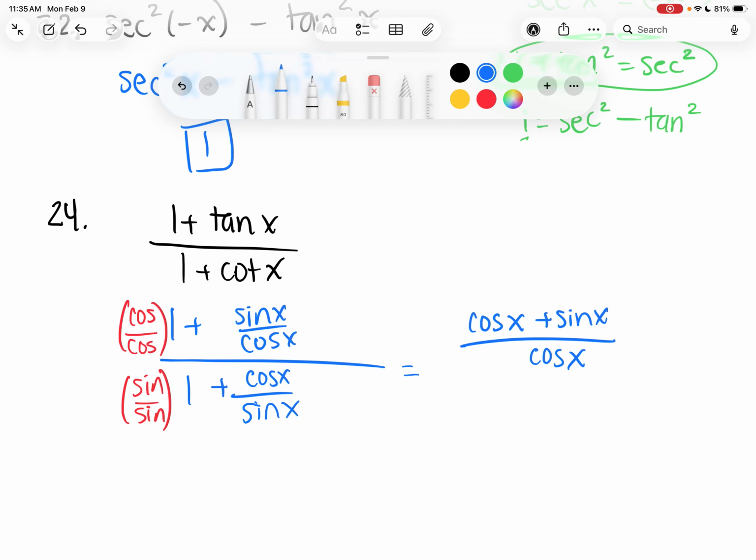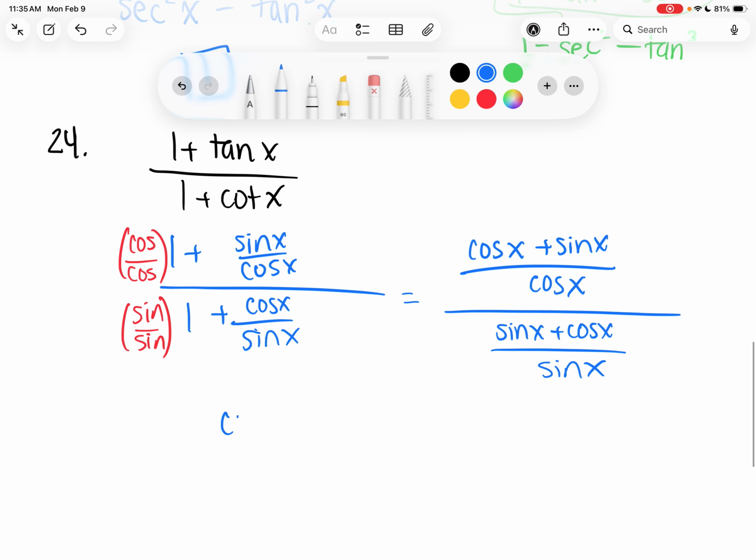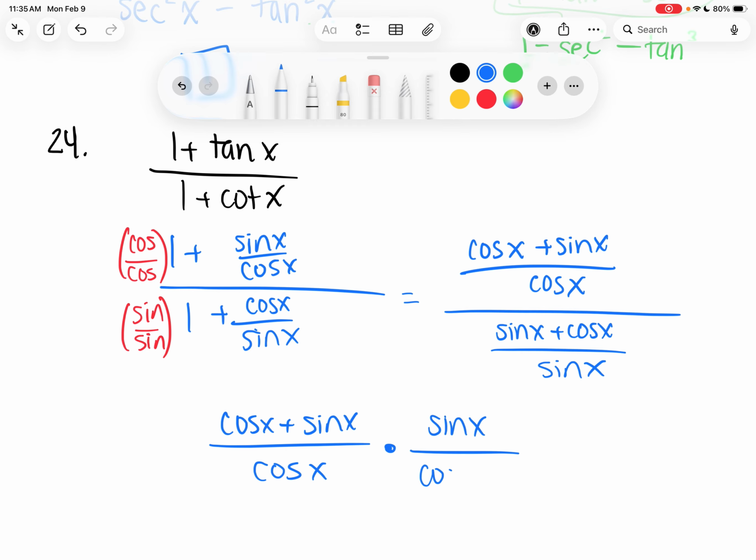On the bottom, I've rewritten my 1 as sine over sine, so I have sine x plus cosine x all over sine of x. Now I can do Shepard's favorite thing and keep, change, flip. So we have cosine of x plus sine of x over cosine of x times, changing from division to multiplication and flipping the denominator, sine of x over sine of x plus cosine of x.